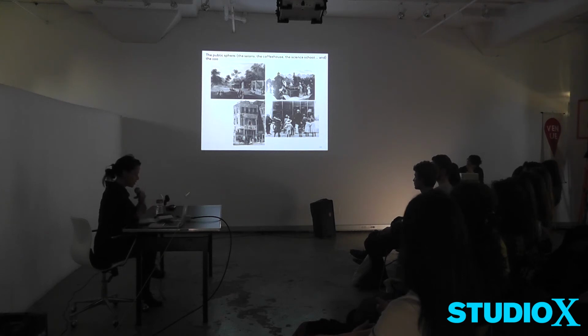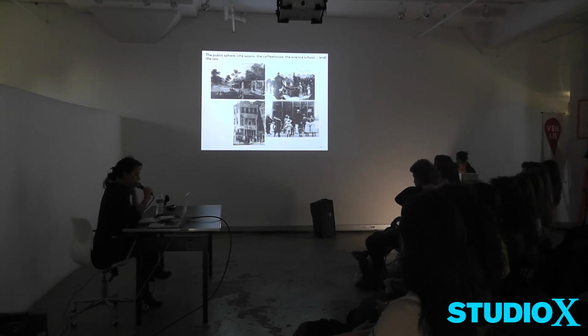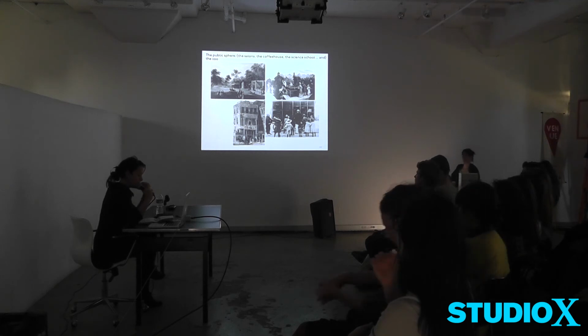There are a few interesting moments in the development of the zoo. The first period is the Age of Reason, the 18th and 19th century. The urban zoo was part of the emerging public sphere in Europe, like the parks, the cafes, the bars, the library, the academia. At that time, the cages were very small and the spaces for the visitors were wide and diverse.